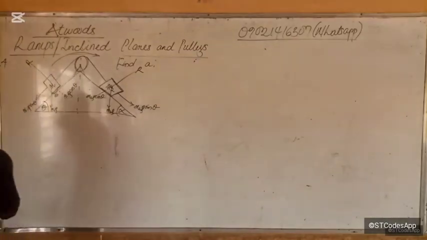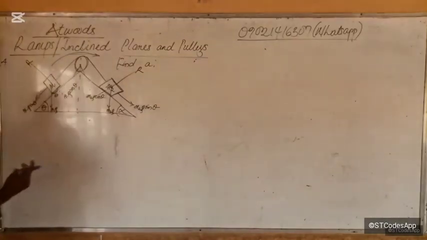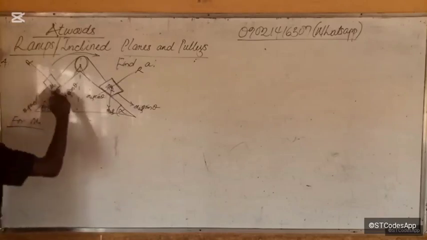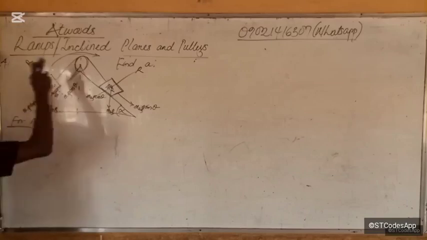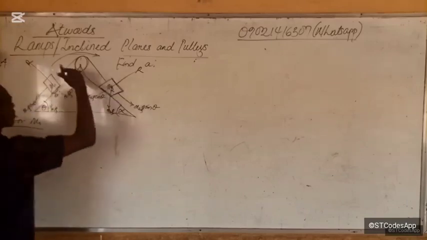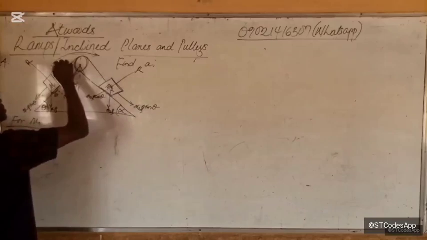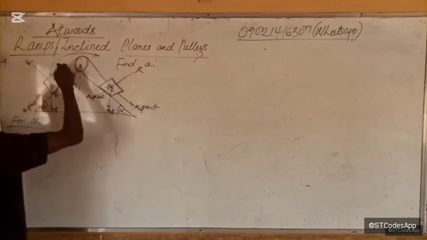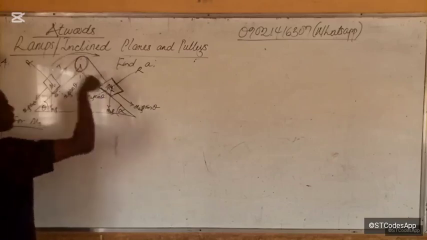So we'll now begin to find the sum of forces. So for M1 now, we already know that these balance each other out. So the forces are acting here. Tension is also acting here. So if this guy is moving in this direction, tension will be in which direction? mg sine theta is pulling here. Tension will be in that direction. mg sine theta is pulling here.